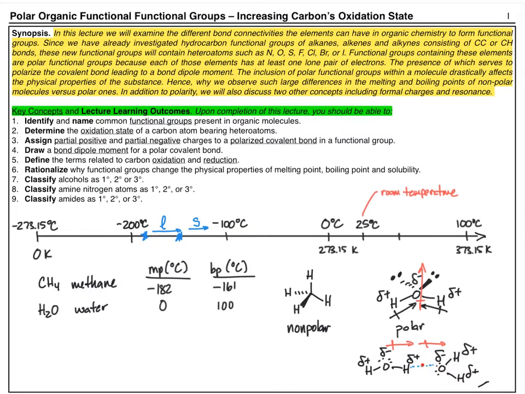Are they attracted to one another based on these inter and intramolecular attractive forces or not? So on the next slide, we'll see how we can start from a simple carbon atom, increase the oxidation state by adding other heteroatoms, and look at their functional groups and how they affect physical properties.